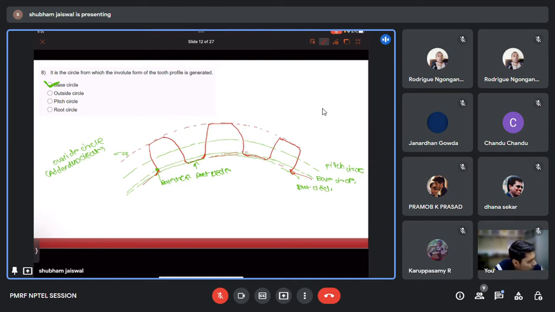So I will draw first one. What is this distance called? The one in the orange here. Anyone? Mr. Chandu, Mr. Janardhan? What is this distance called that I have drawn in the orange one?